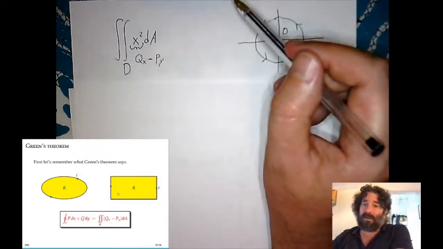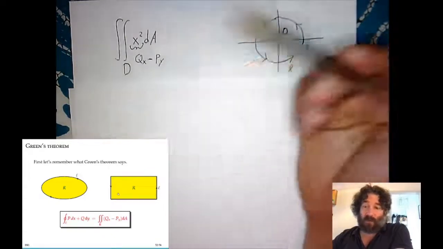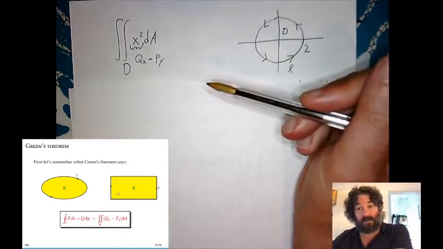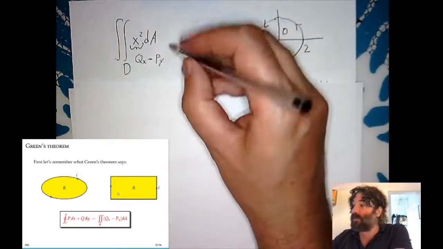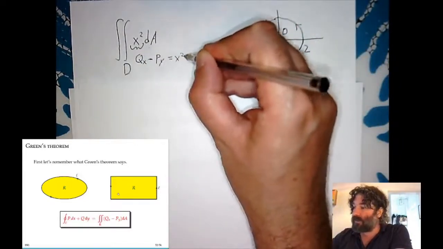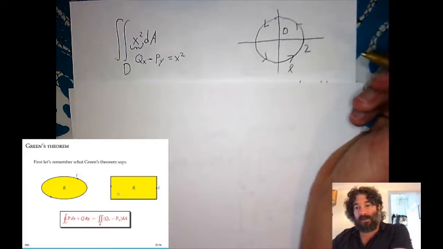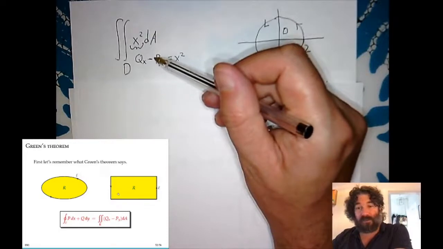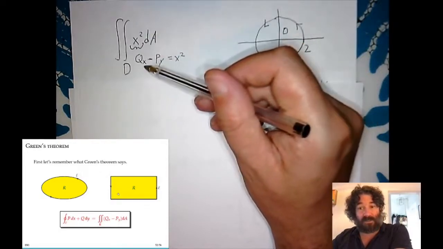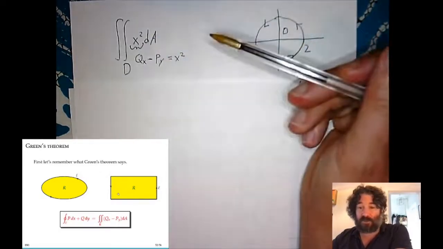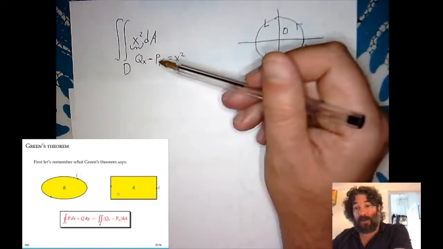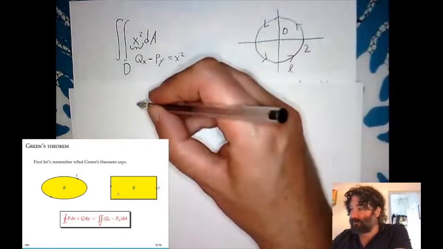And again, like in the other case, there are infinitely many possibilities for q and p that you could choose that satisfy the equation qx minus py equals x squared. The easiest way to find such q and p is to simply assume one of them is 0. So let's assume q is equal to 0. And then we just want negative py equal to x squared.